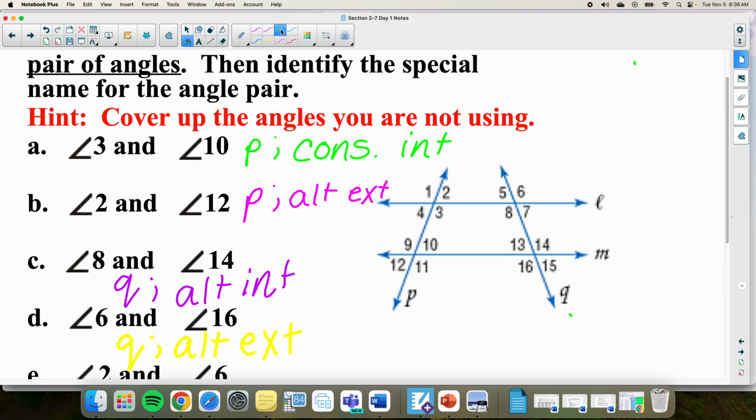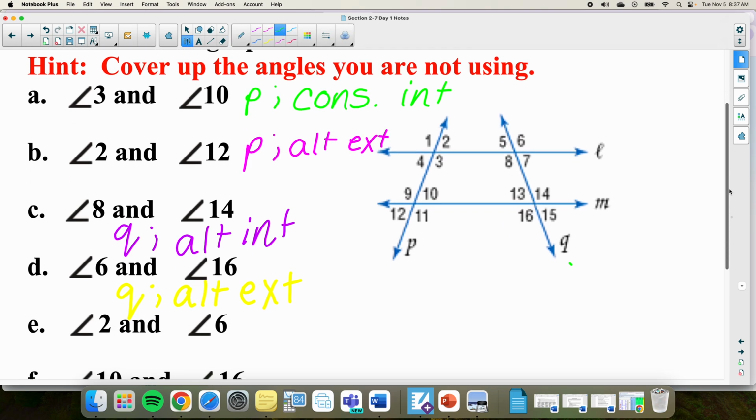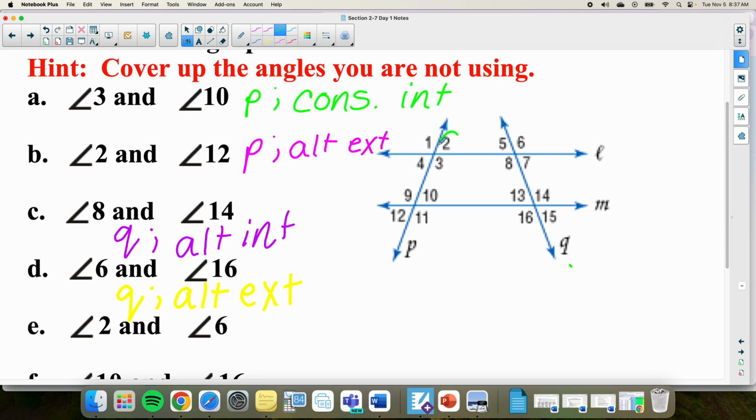Okay, so now they're asking us for 2 and 6. This one's a little bit harder. So what you want to do here is try to ignore this whole bottom and think of these as your 2 lines and this as your transversal. What line do they both lie along? L. And can you tell what kind those are? Corresponding. They're in the same position. I'll give you guys a hint.